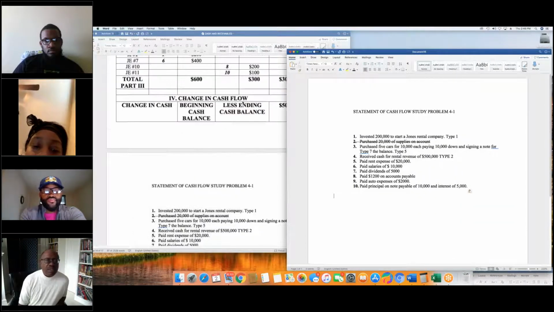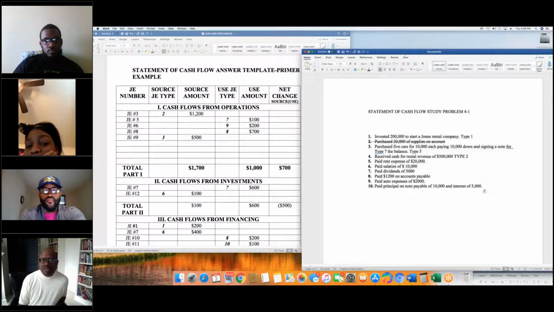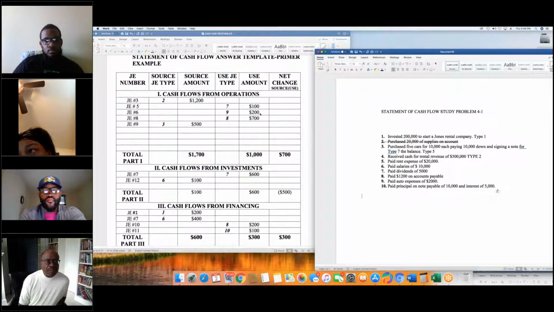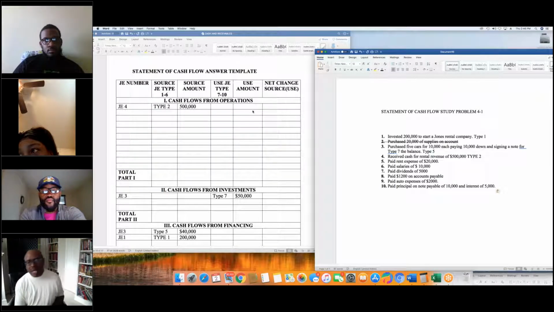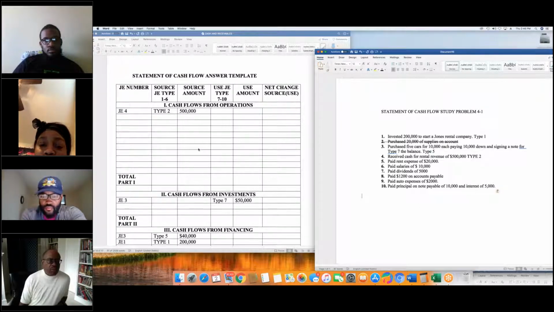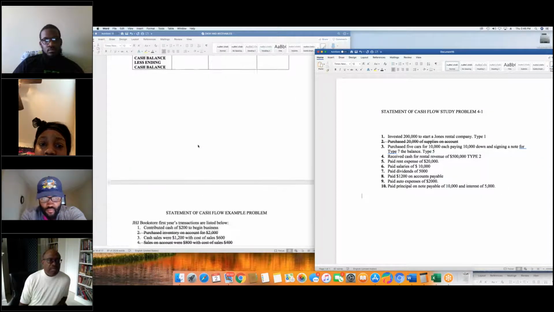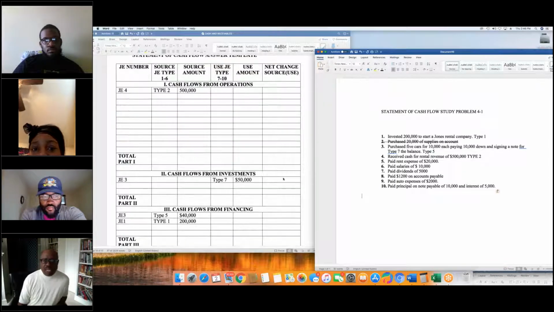Right. Okay. So what I've done now is just have them side by side. So here's the problem, and here is the answer template, and the types are above it in terms of where they go. So let's move on to the next one.